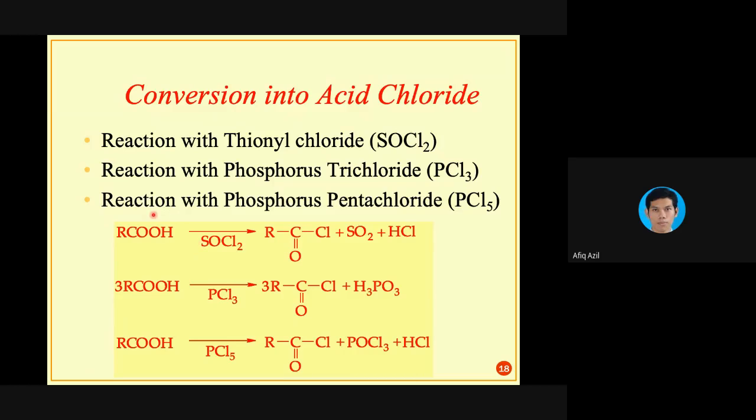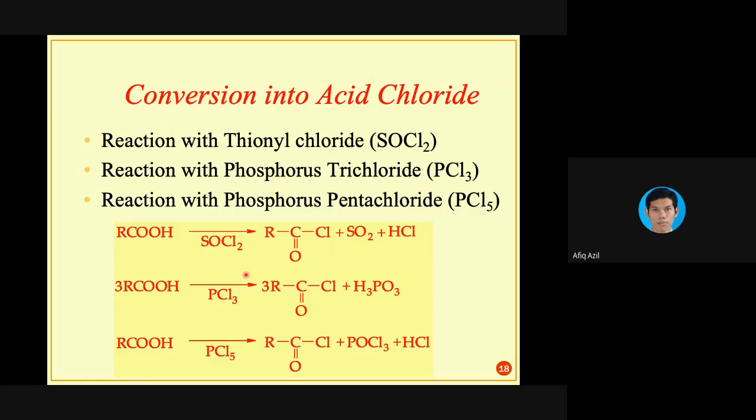So what basically happened is this OH will be removed and it will be replaced by Cl, one of the chlorines. So that is what an acid chloride is. Here you still get the product, acid chloride, but the byproduct will be SO2 and also HCl.